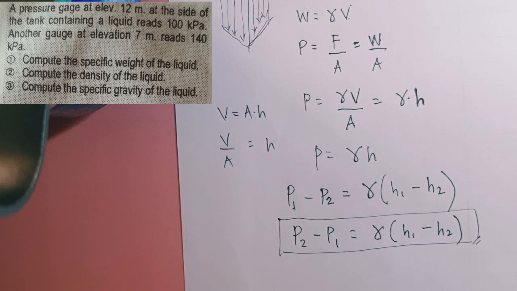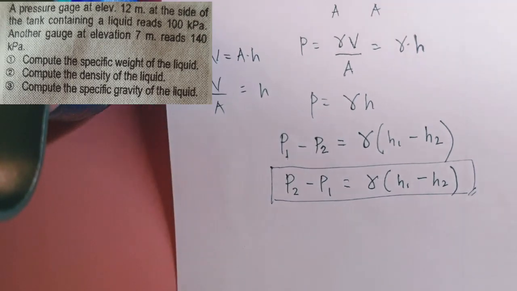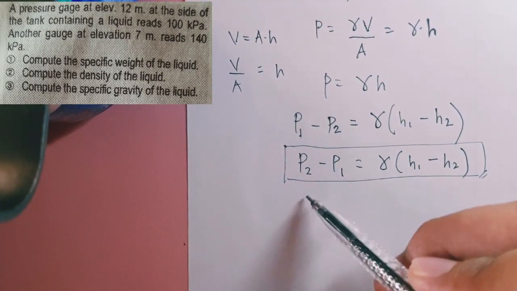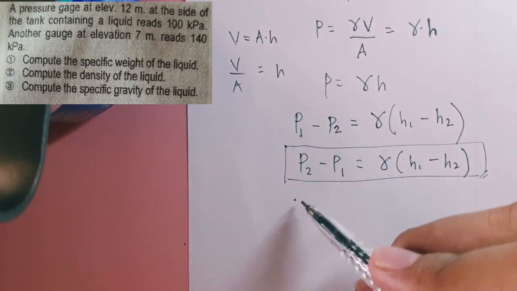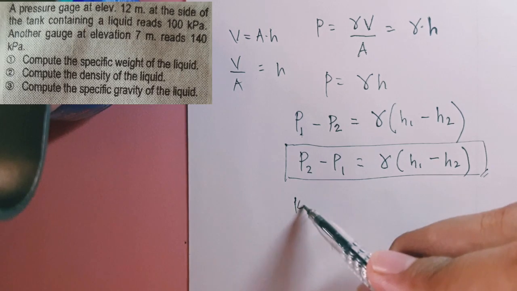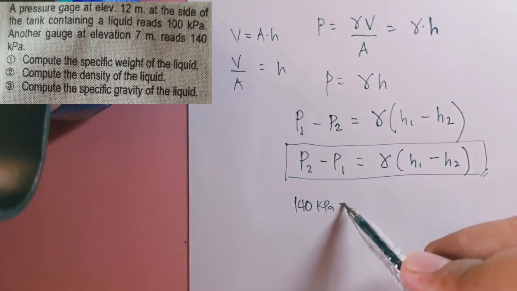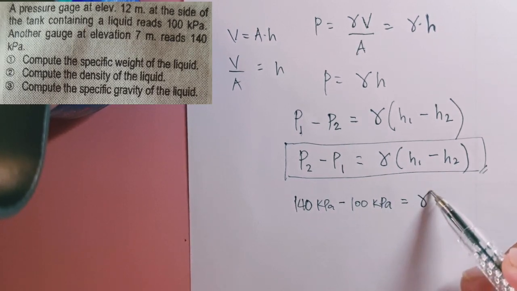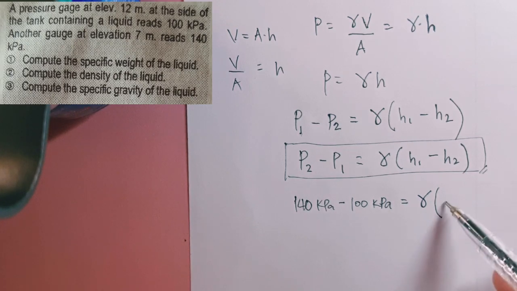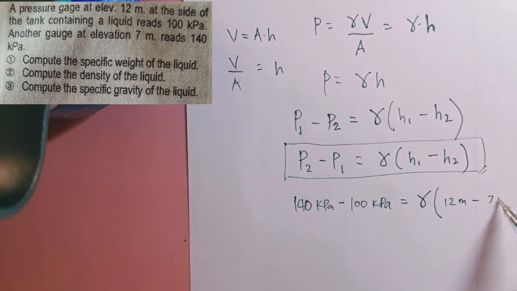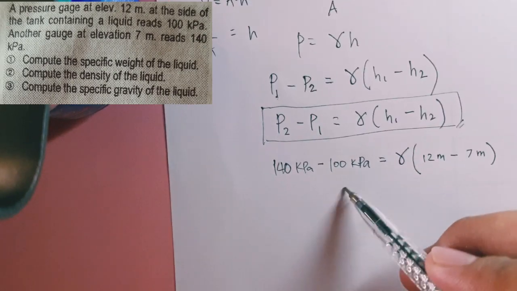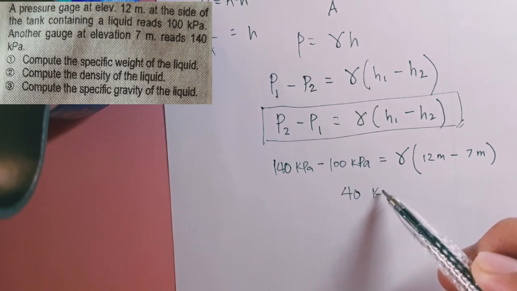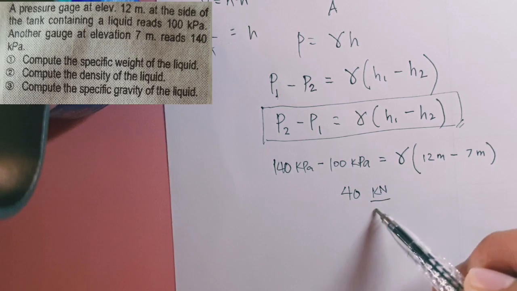Okay? So unsa gipangita sa number 1? Ang gipangita is ang gamma. Okay? So what is P2? That is 140 kilopascal minus 100 kilopascal equal to the unknown gamma times the difference in elevation, that is 12 meters minus 7 meters. Okay, so we have 40 kilopascal or kilonewton per square meter.